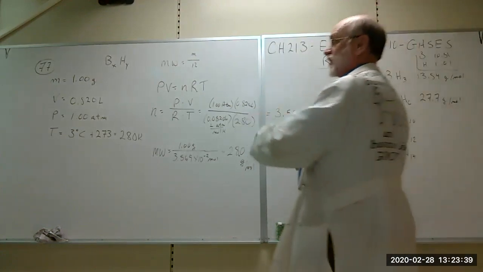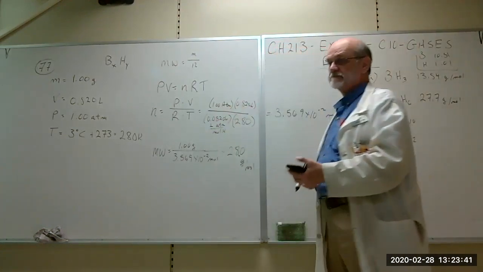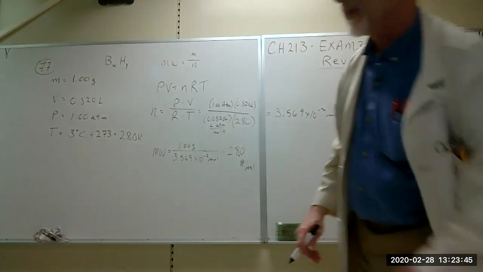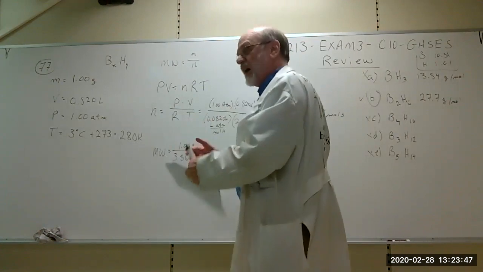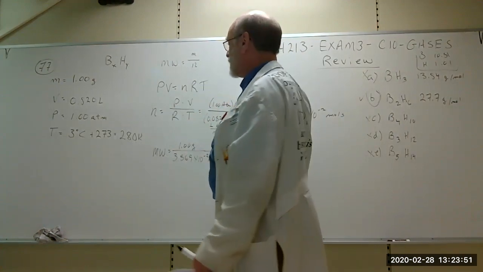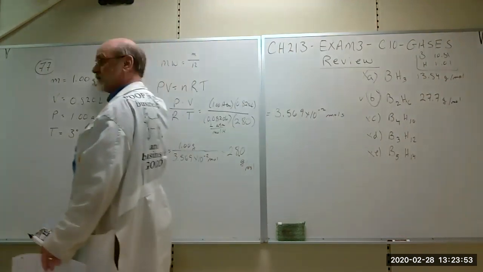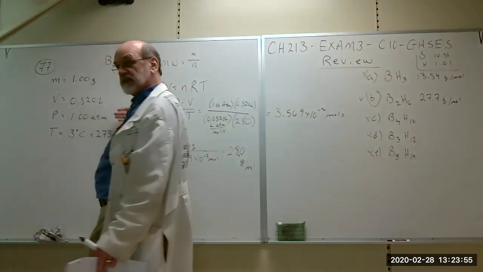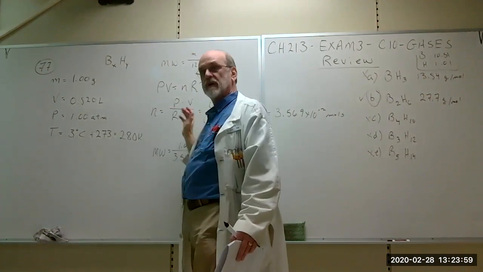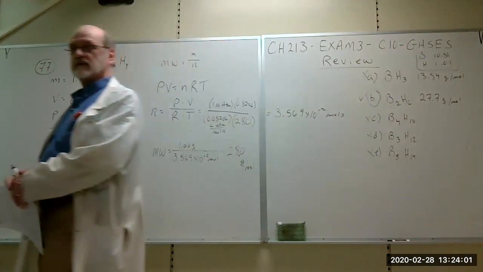It just gave us the data to work with. But the process is the same, right? When you go in the lab, you're going to get a weight for your gas, and you're going to get all these conditions surrounding the gas to determine how many moles there are, and then you do the same calculation.